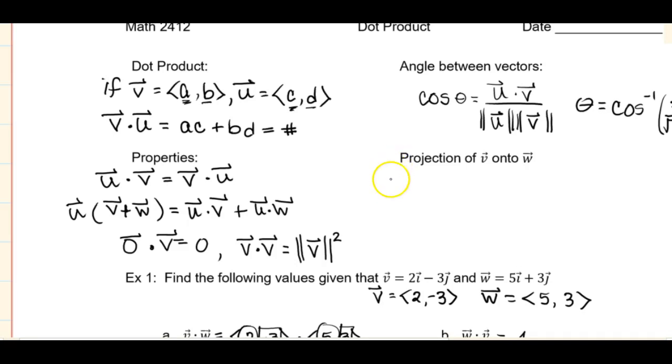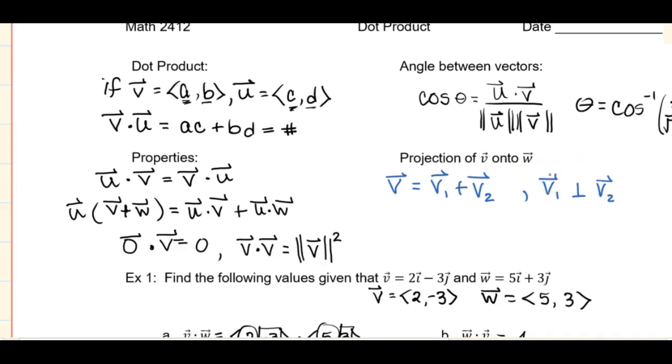So essentially what we want to do is break vector V into 2 parts. And we're going to call them V1 and V2. And the big thing is that V1 and V2 are perpendicular to each other.